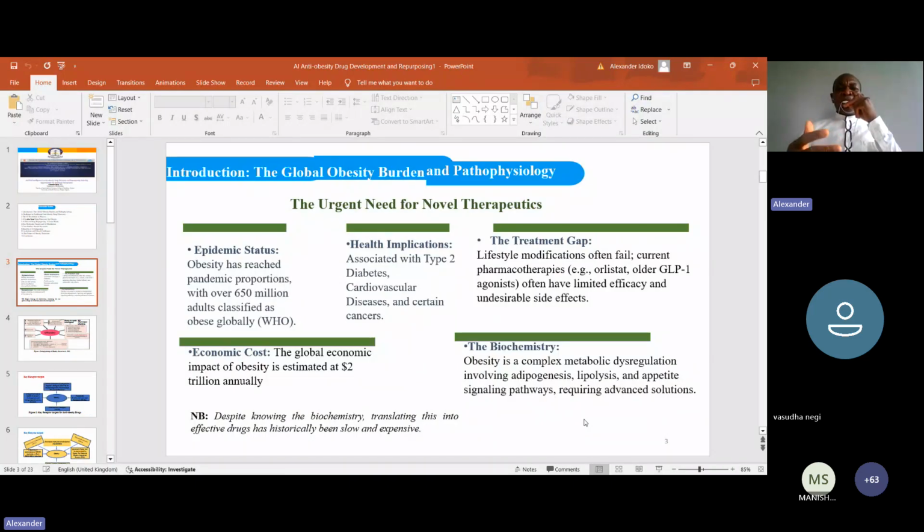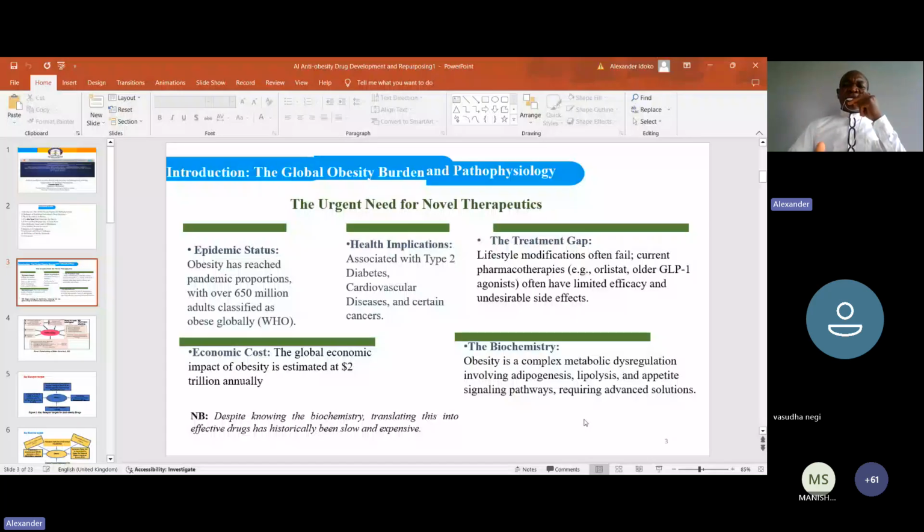Obesity increases the risk of type 2 diabetes, cardiovascular diseases and certain cancers. Type 2 diabetes is another huge challenge to people's health today, and so managing obesity could go a long way toward preventing type 2 diabetes.